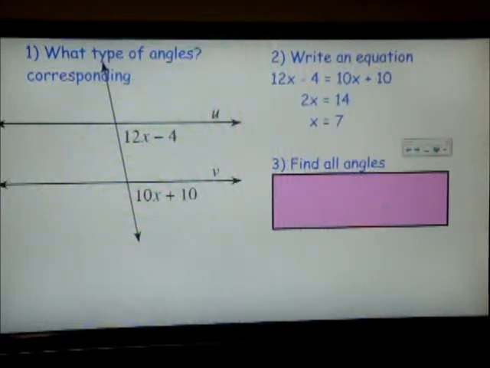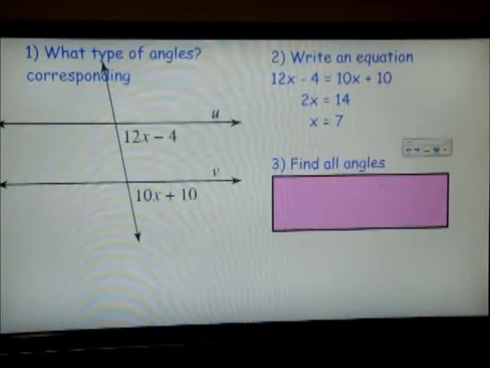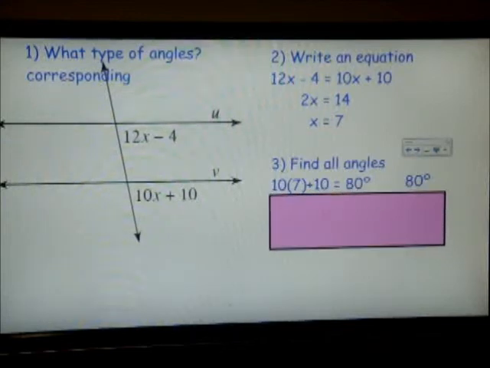Once you've solved for x, you should have found out that x equals 7. What we're going to do next is find every single missing angle that's in this picture. So we need to plug in 7 to one of the angles. Not wanting to work super hard, I'm going to pick the angle 10x plus 10. When I plug in 7 to that, I find 80 degrees is the angle here.